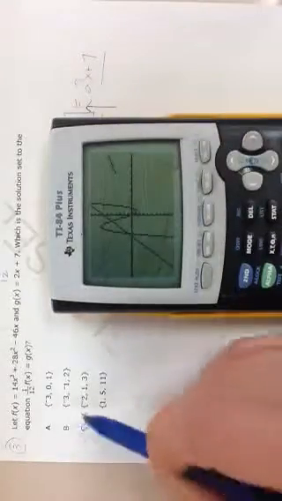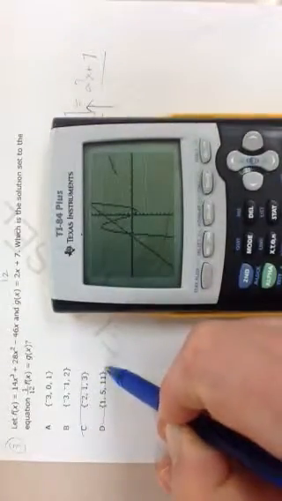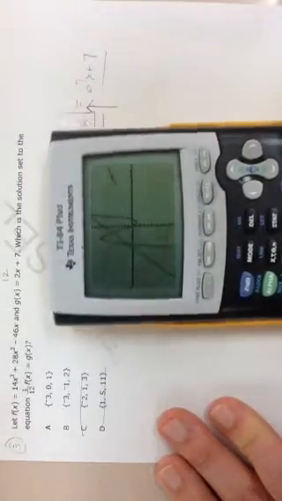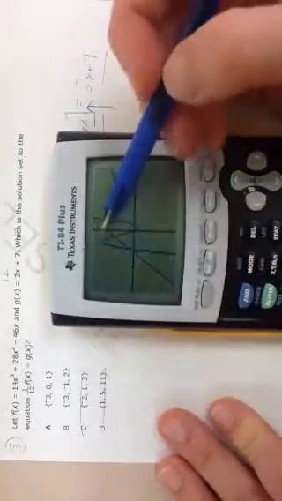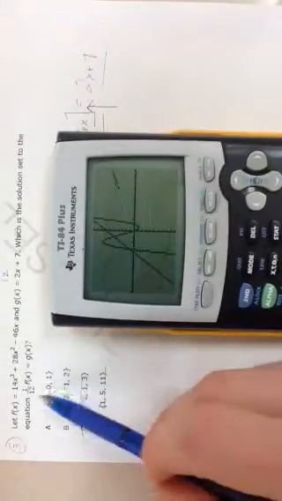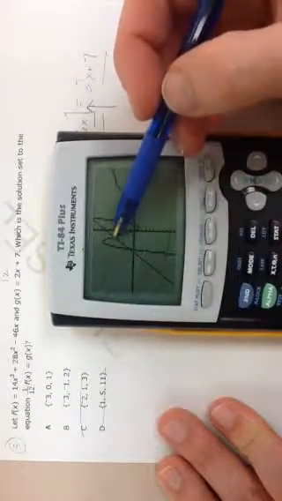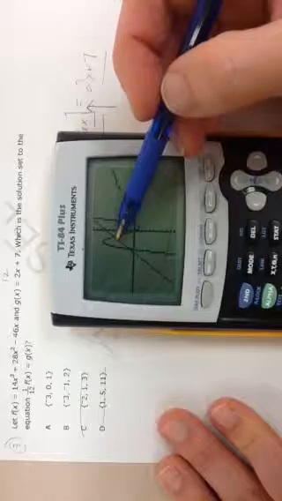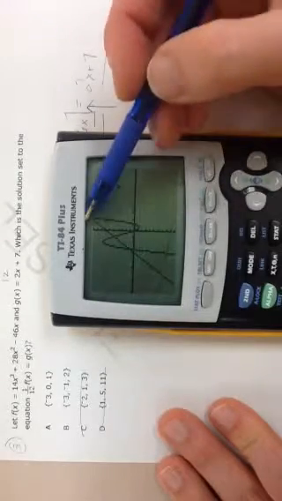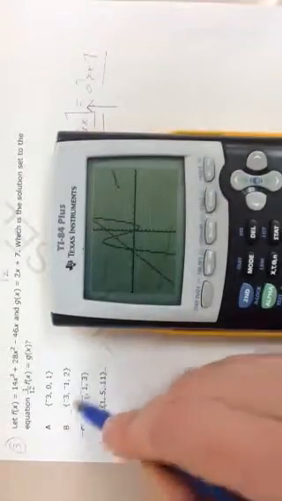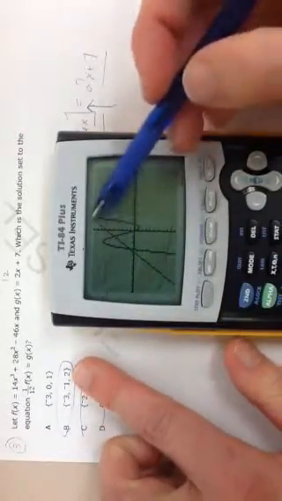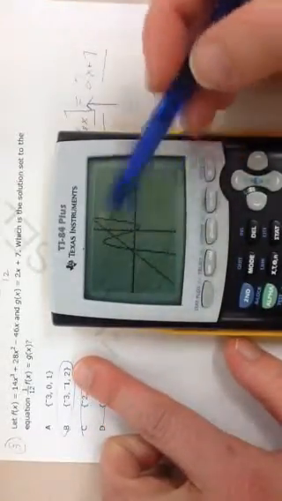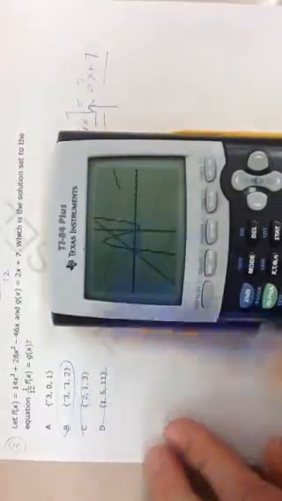So already I know it can't be C and it can't be D. Okay, and then I'm looking here, and between these two, it's not crossing at 0. Absolutely not crossing at 0. So it's crossing at -1 though. And then if I look over here, probably it's going to cross over 2. So at x equals -3, x equals -1, and x equals 2, I can just tell from looking at the answer choices which one's right.